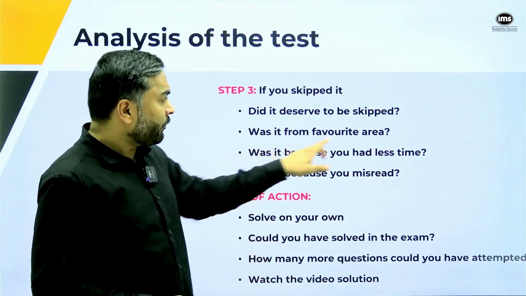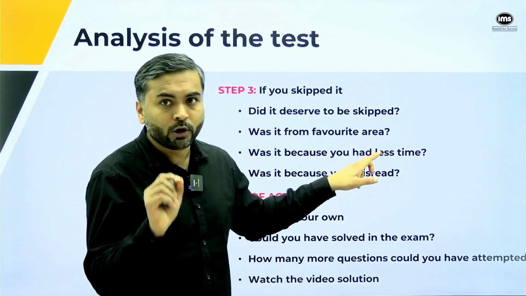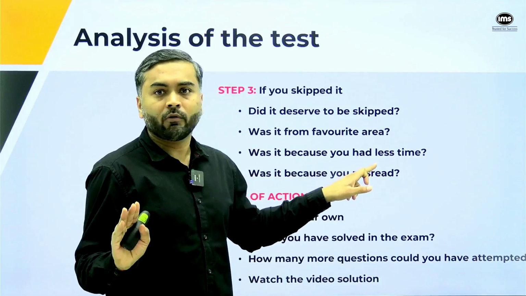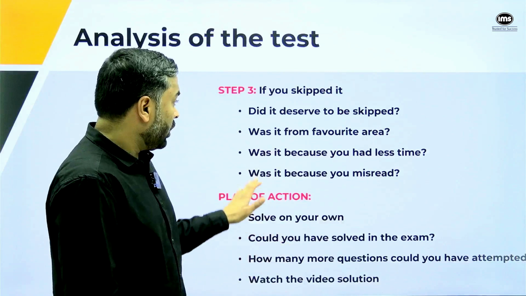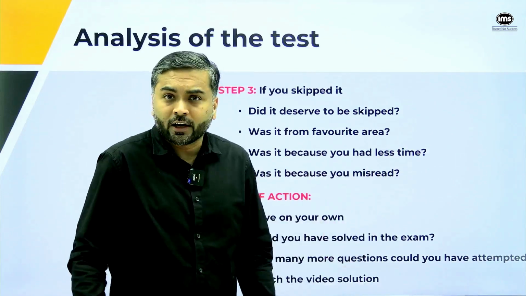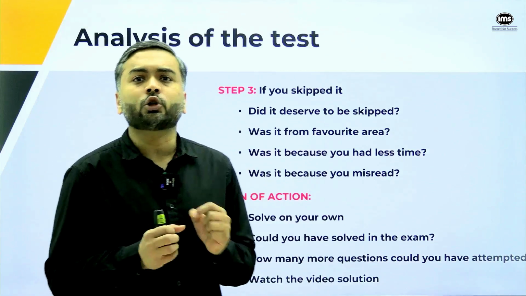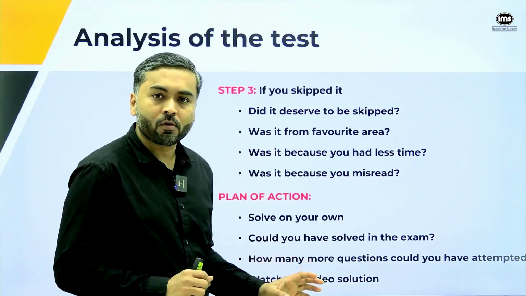Now, was it from my favorite topic? If yes, then absolutely you should not have skipped it. Whether it is an easy question or a difficult question from the favorite topic, you should have attempted it. Was it because, as I explained, there was less time, or was it because you misread it? Either way, you need to ask yourself, why did you skip this particular question?